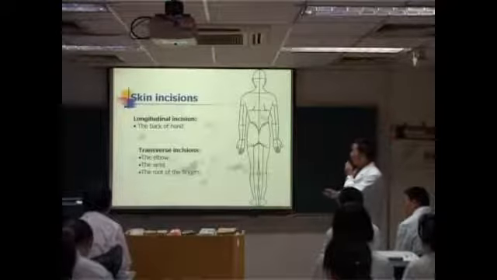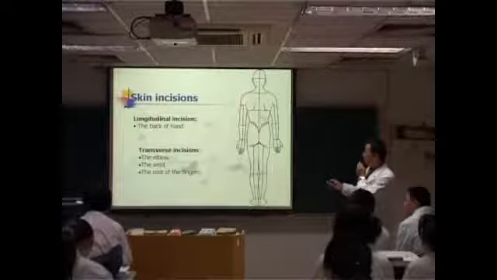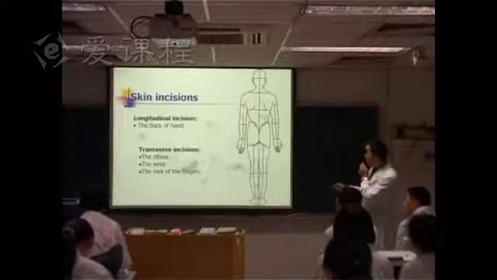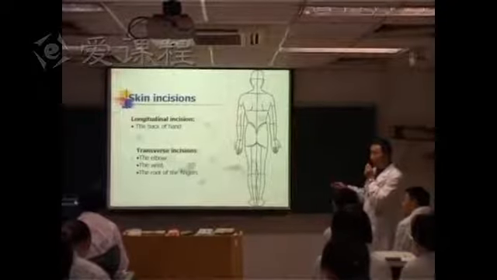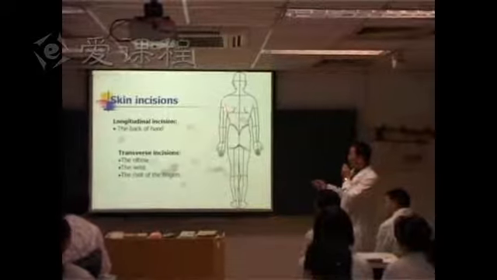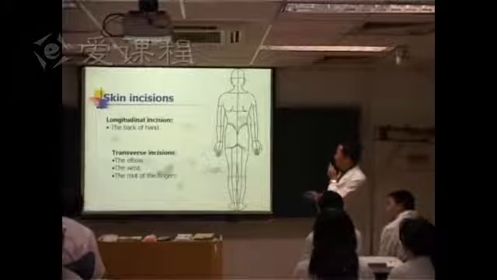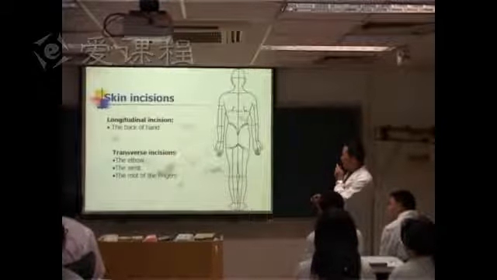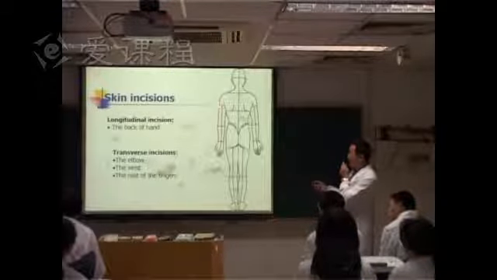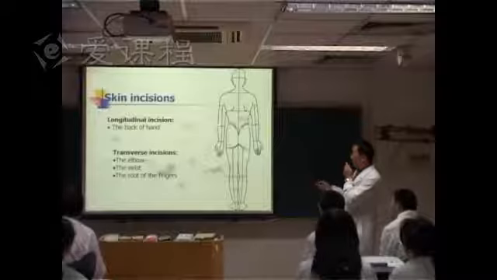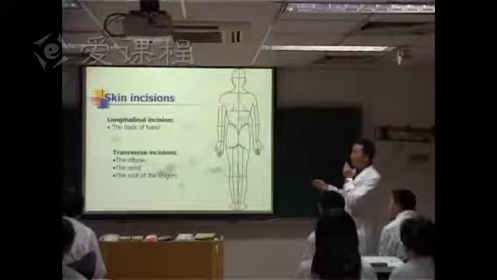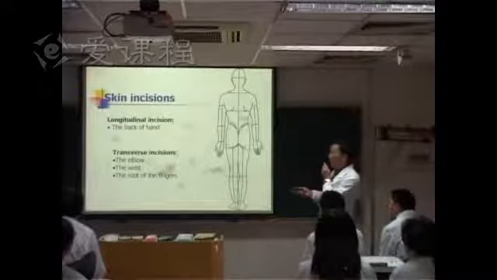And also, you should make a longitudinal incision on the posterior aspect of the upper limb, like this, and make 1, 2, 3 transverse incisions, like the figure shown, from the upper part of the arm, the elbow, and the wrist.